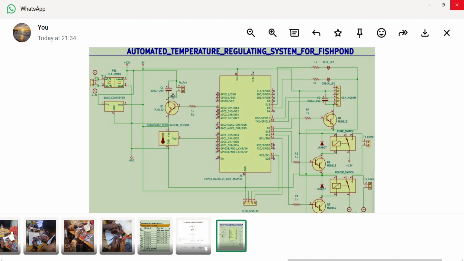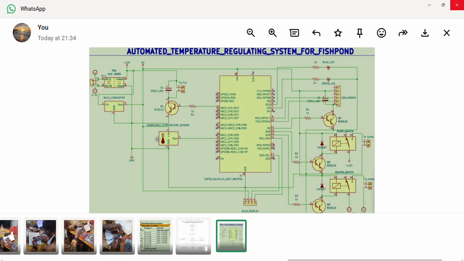The fan will be supplied with 12 volts. Then the emitter will be connected to the ground. Have a look here, the emitter will be connected to the ground up to here, to the ground. Then this here is our temperature sensor.